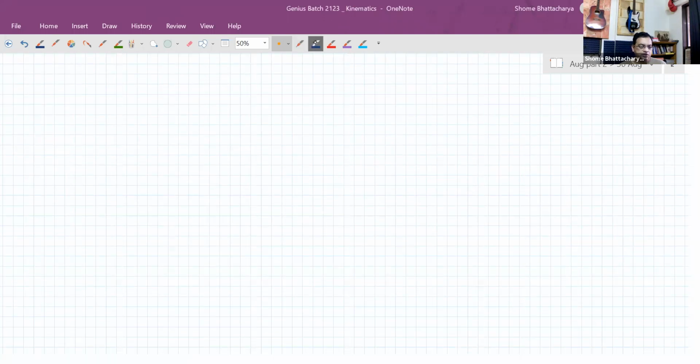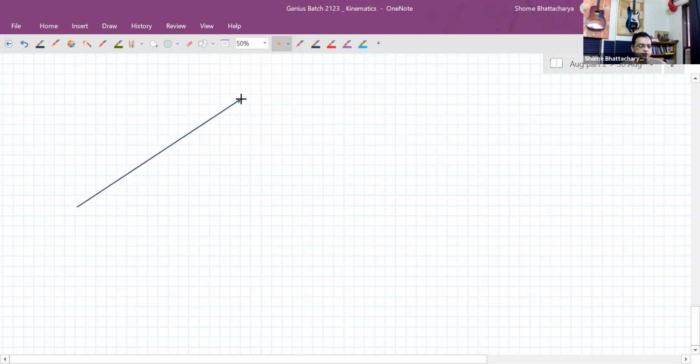So if I go with the standard approach that we've developed, the only difference is that now my x-axis is going to be up the inclined plane.